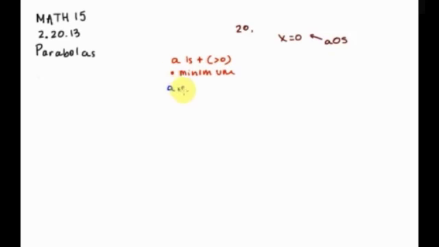And if A is negative or less than 0, it's going to have a maximum point. If you want to kind of see this, this is a positive graph and it's going to have a minimum. This is a negative graph and it's going to have a maximum.